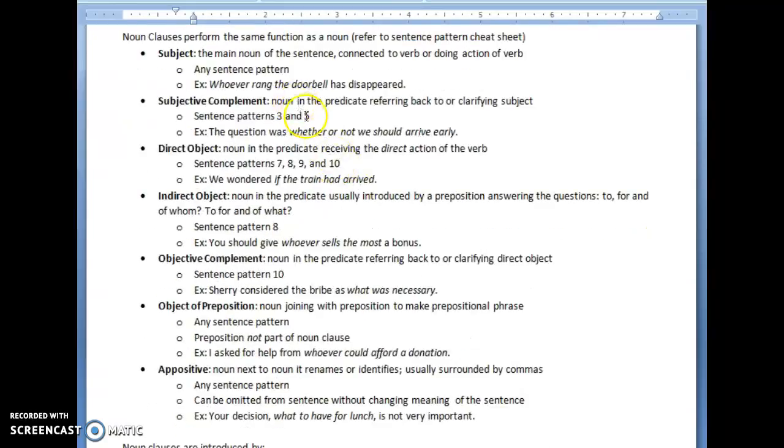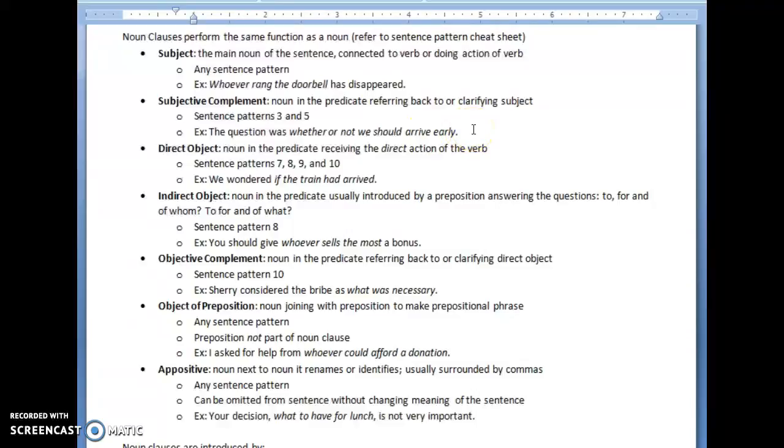So subjective complement can be sentence patterns 3 and 5. The example here is the question was, so we have subject verb, and then whether or not we should arrive early. This is defining, clarifying the subject of question, this entire phrase. So it's serving as the subjective complement. And here you could replace it with something. The question was something, and it would make grammatical sense.